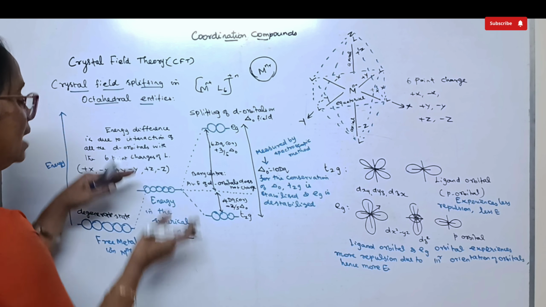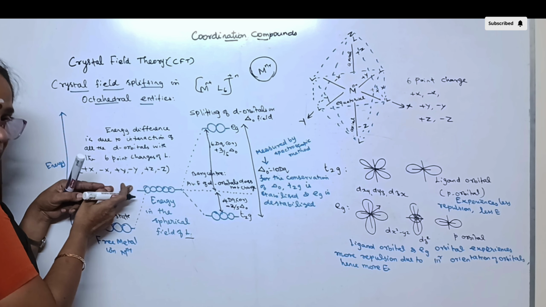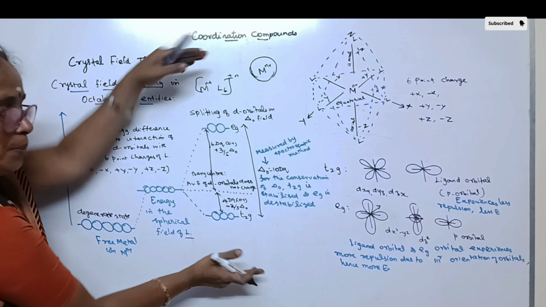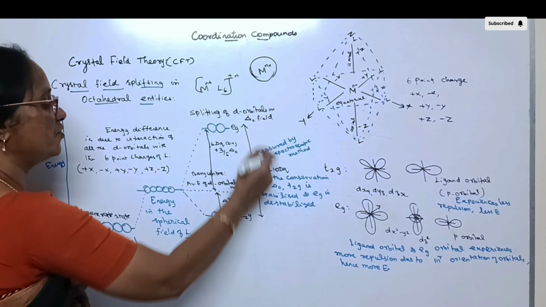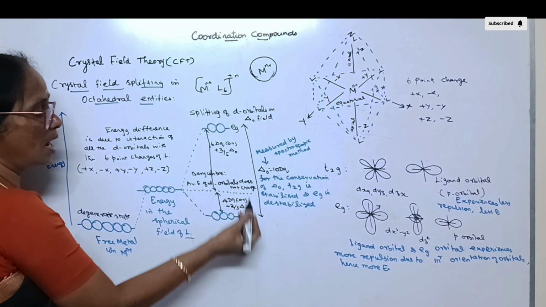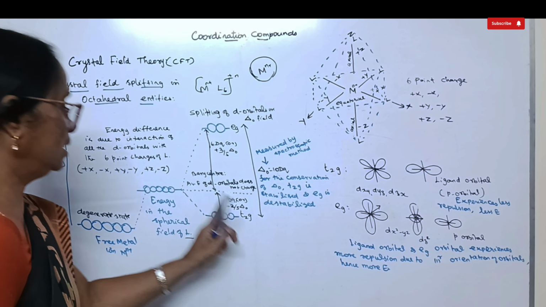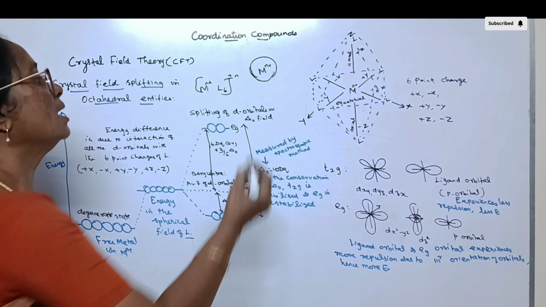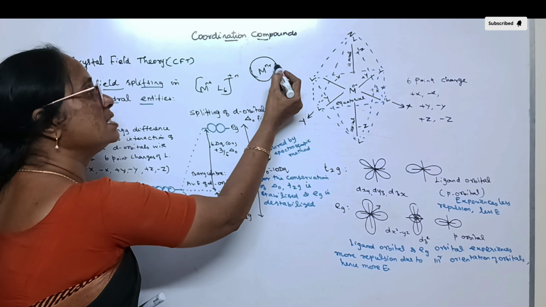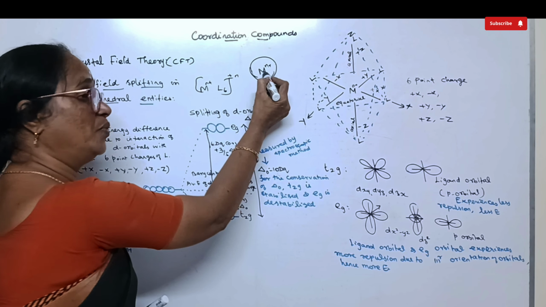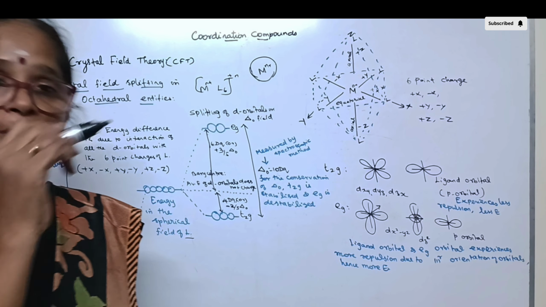Now the d orbitals at their higher energy state are split into two different sets, Eg and T2g. This takes place when the orbital electrons of the ligand interact with the electrons of the metal ion.